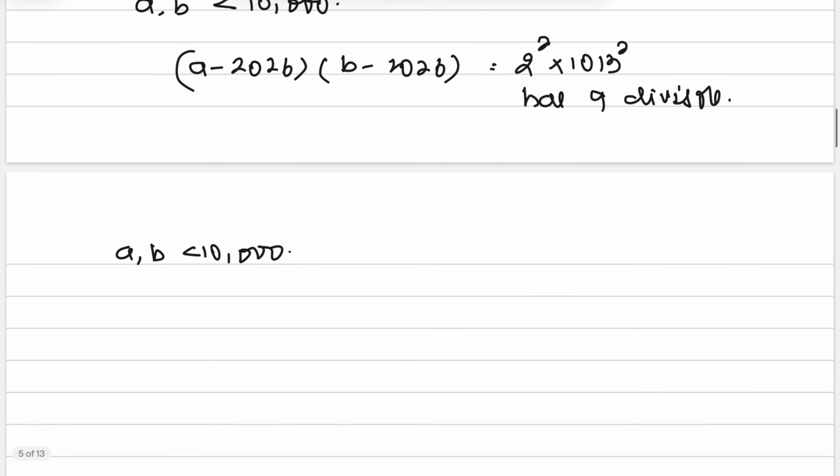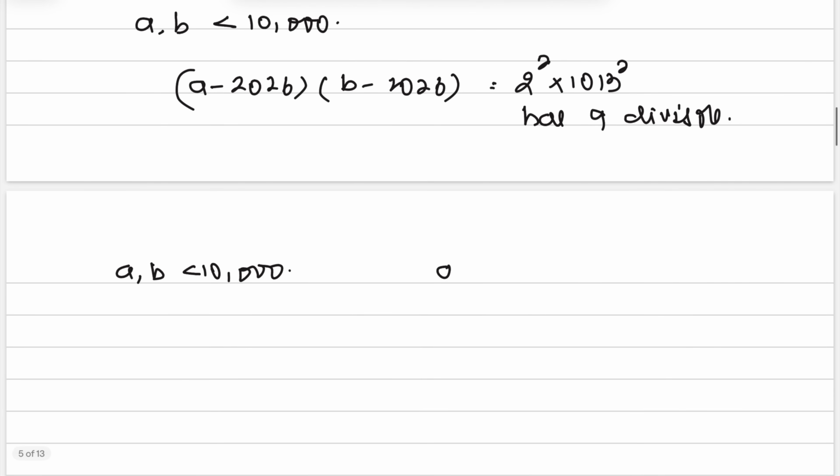Now, here A and B are less than 10,000. That is the condition we have to apply here. Let us say A minus 2026 is equal to some x.